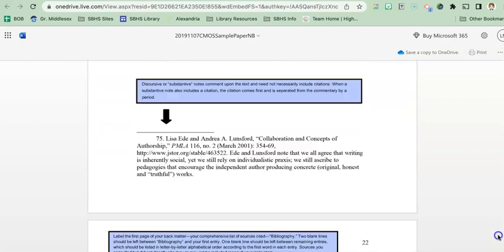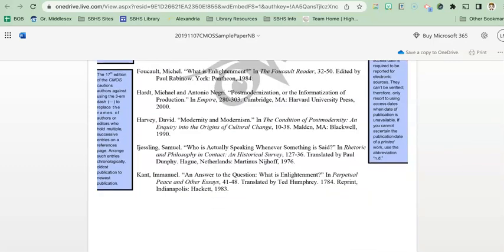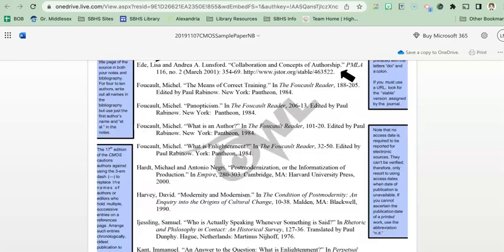So if we scroll all the way to the bottom, you'll see the bibliography. And again, all these little boxes tell you a little bit more about each of the sources. Notice that it says bibliography up at the top, and then your sources are included alphabetically, just like they would in an MLA works cited. And you have all of them in your bibliography as well. Okay.